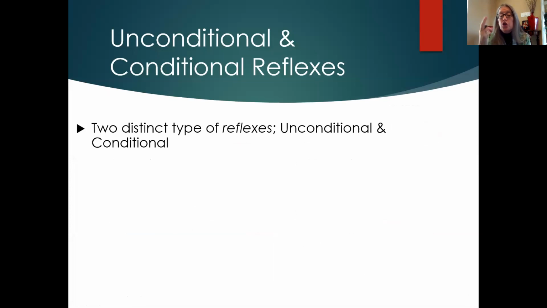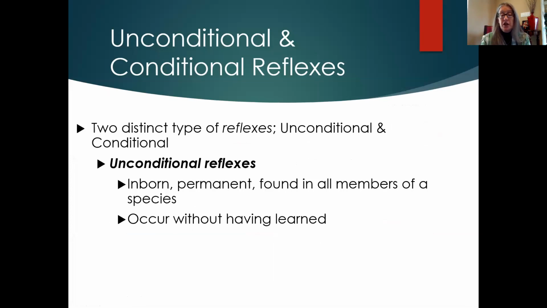So we know that there are two distinct types of reflexes, the unconditional and the conditional. The unconditional reflexes are inborn, permanent, found in all members of a species. They occur without having been learned. These are like, if I blow a puff of air in your eye, you're going to blink. If I feed you something that makes you sick, you're going to vomit.